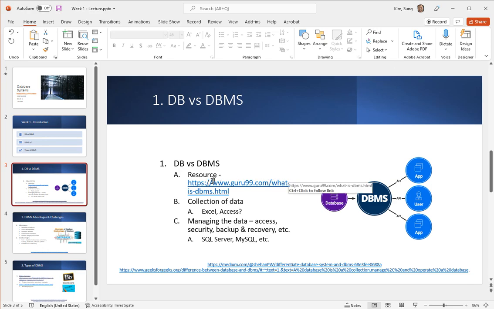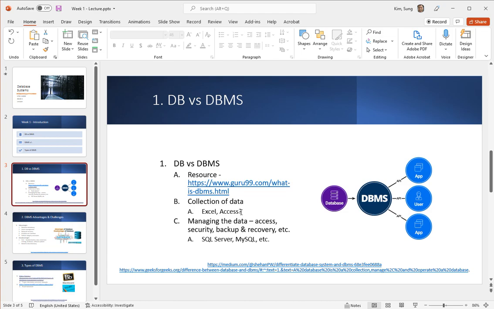But in terms of simply a database, a database is a collection of just the data. It could be as simple as note cards, but more electronically speaking, like Excel sheets. I don't know if most people would agree that Microsoft Access is a database management system. Access users might.